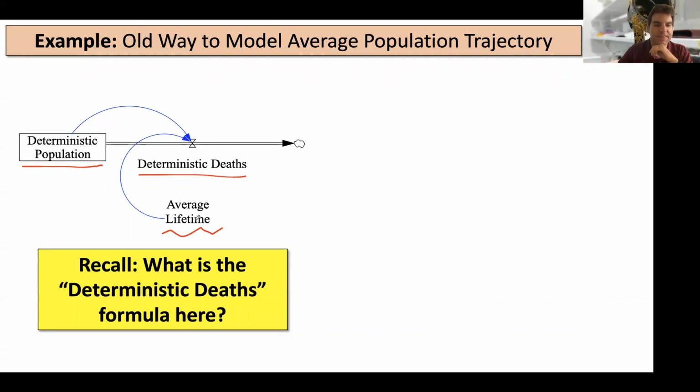If we know the average lifetime and we know the current population, does anybody remember the formula that we would use in this flow, deterministic deaths, in order to simulate a smooth outflow of bacteria as they die? What would be the formula that I put under deterministic deaths? Does anybody want to try a guess in the chat?